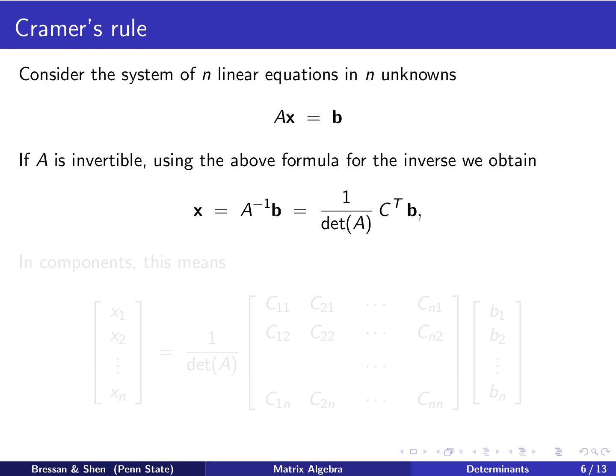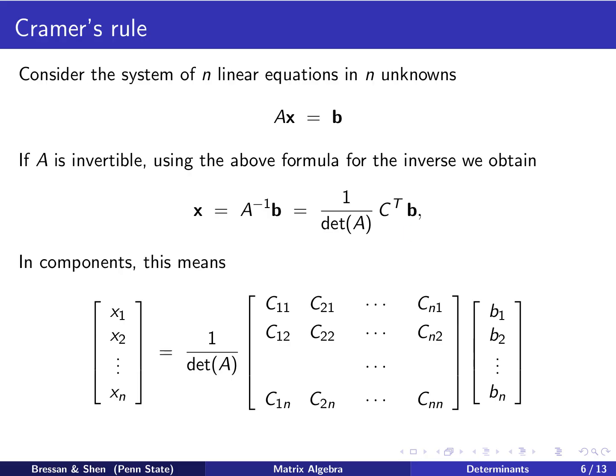So then the solution X would be A inverse times B, and A inverse, we write it out, is 1 over the determinant of A times C transpose, where C is the matrix of the cofactors.